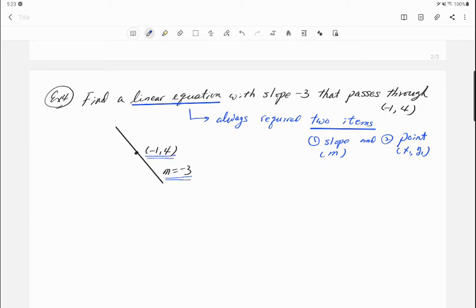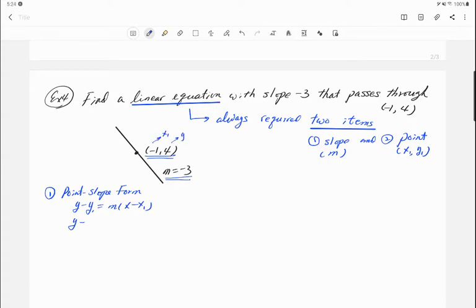But in this case, the slope is given and the point is given, right? So everything is given, so let's first use point slope form to write an equation. The point slope form is y minus y1 equals m times x minus x1, right? And x1 and y1 are the coordinates of the given point.